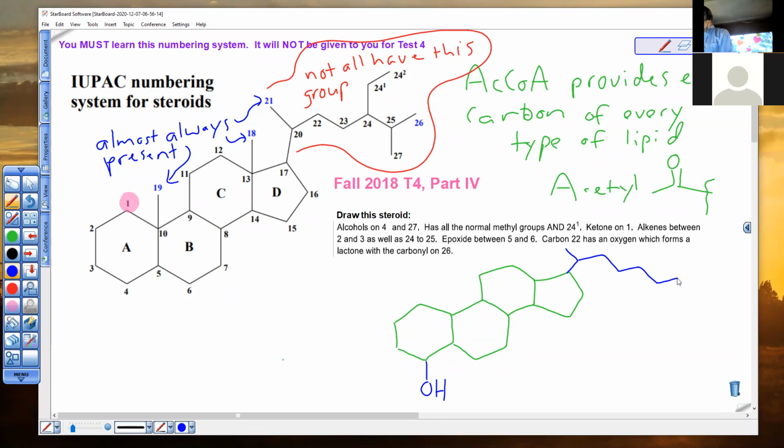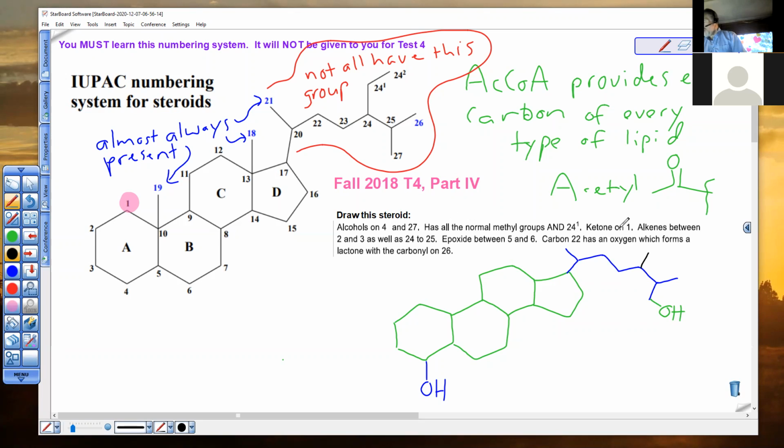I think so. And we have an alcohol on 27. And normal methyl groups and 24 prime. So I found one that had 24 prime. I probably hunted hard for that. 24 prime goes right there.